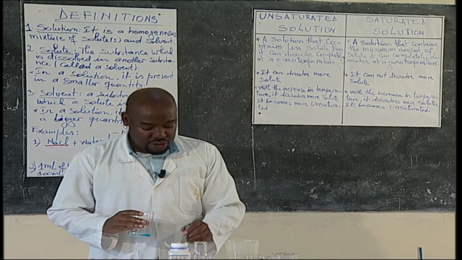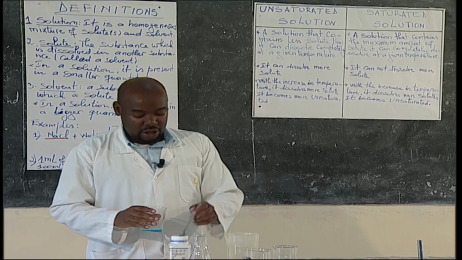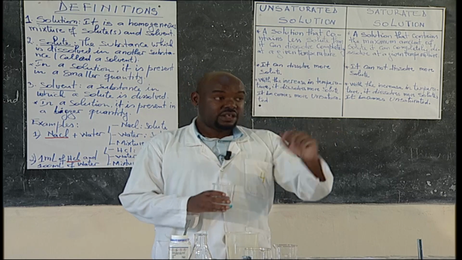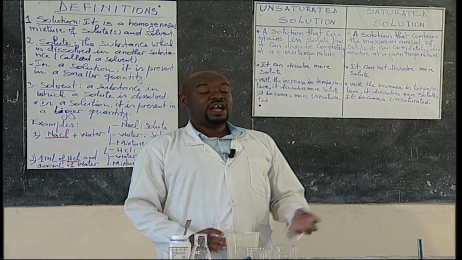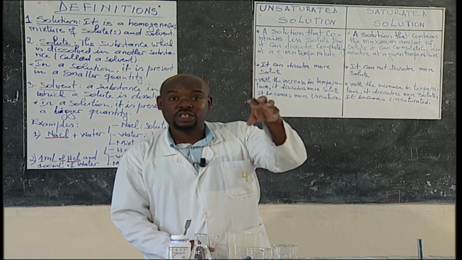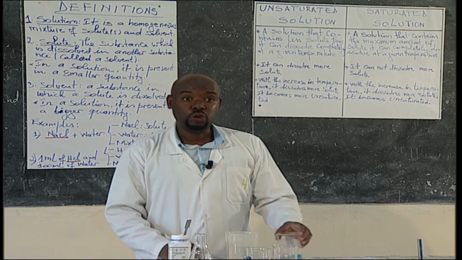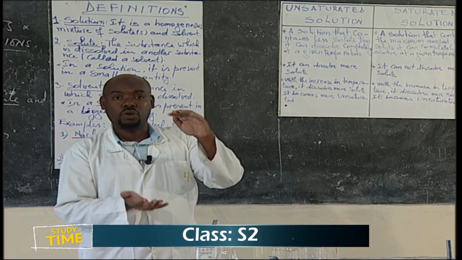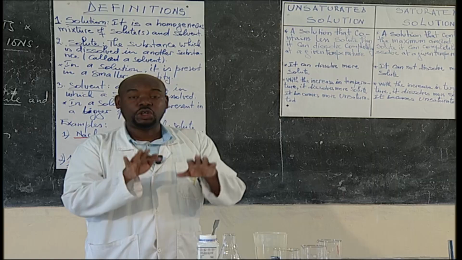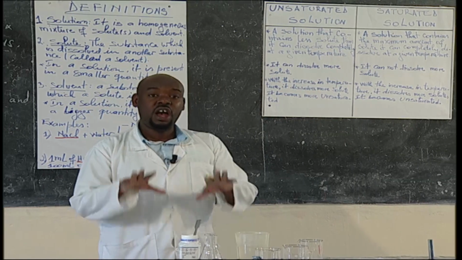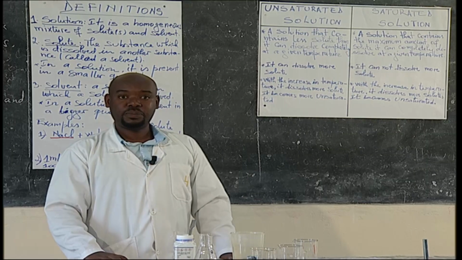Unsaturated and saturated solution. If you take a solution which is saturated and you add more solute, the solute you add will not dissolve because your solution has already dissolved the maximum amount of solute it can dissolve at a given temperature, the temperature under which you are working.